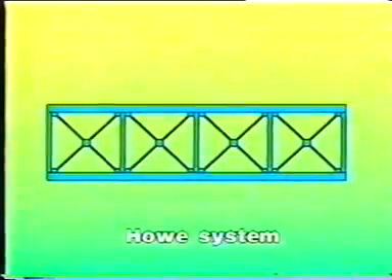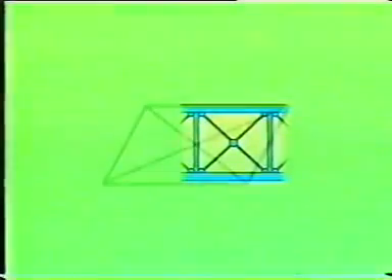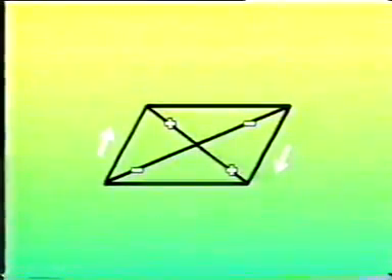Two types of wind bracing are considered more closely regarding wind and additional stresses. First, the Howe system, which is statically indeterminate. Due to wind loading, in each bay, one member will be loaded in compression.